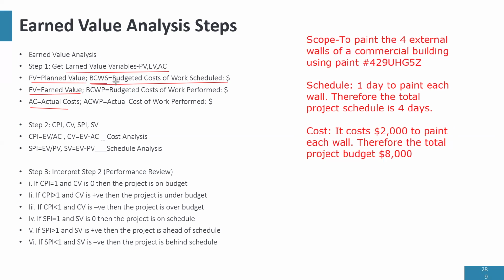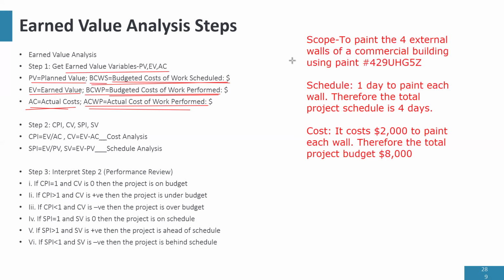Planned value is the budgeted cost of work scheduled. Then we have earned value, also known as BCWP. Earned value is the same thing as budgeted cost of work performed. And AC is actual cost, also ACWP. AC is the same thing as ACWP, just like EV is the same thing as BCWP, and it means actual cost of work performed.